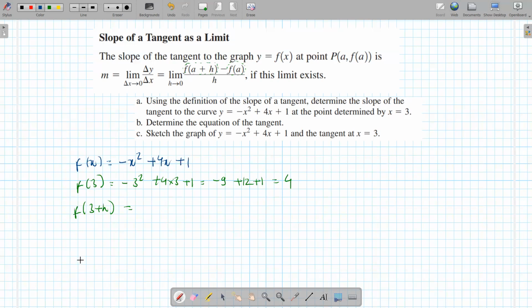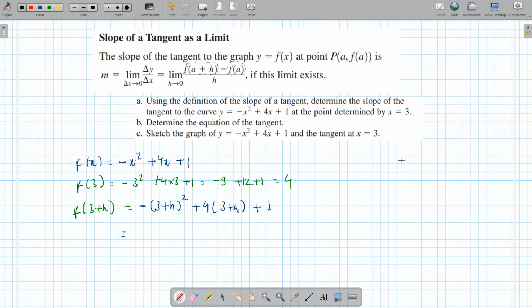What you need to do is you need to replace those x's with what you have, 3 plus h. So for the first one, x becomes 3 plus h, so it'll be negative 3 plus h squared. What's the next term? Plus 4 times 3 plus h and a 1.